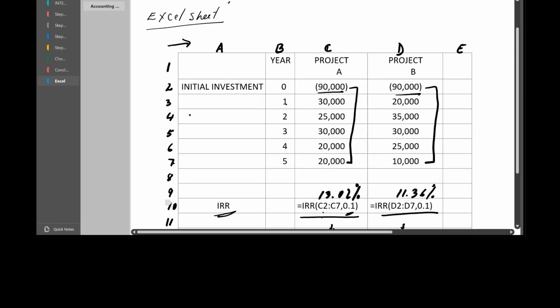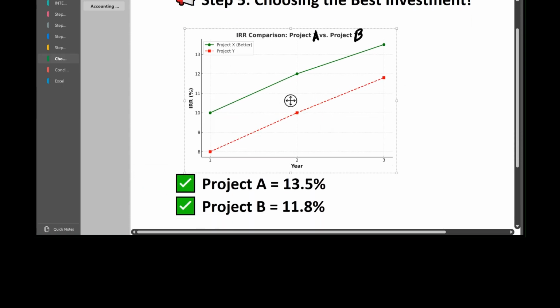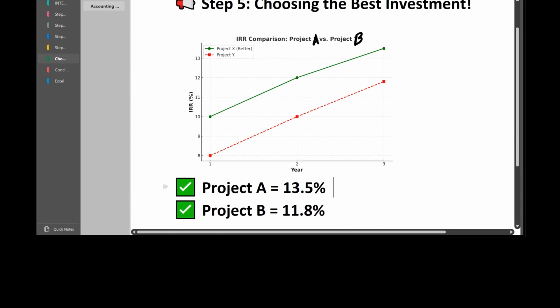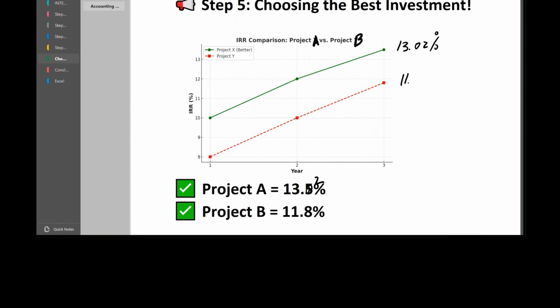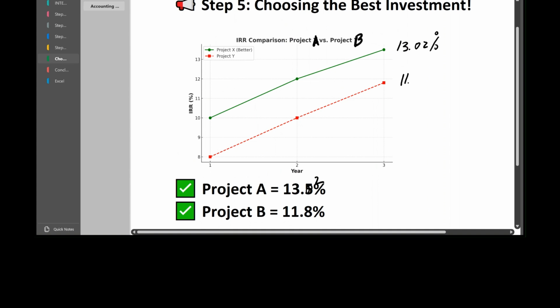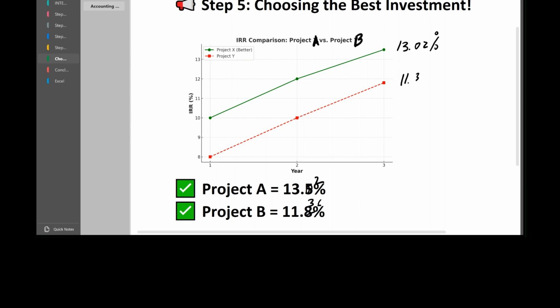From what we know, project A gave you 13.02%, and project B 11.36%.